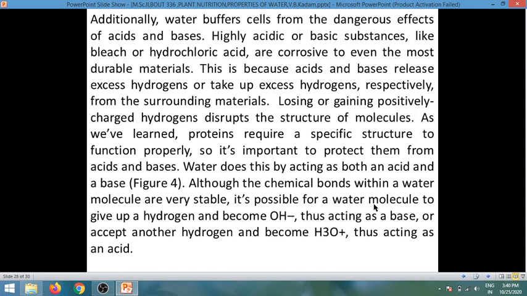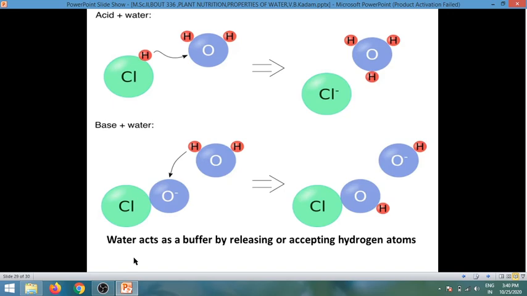It's possible for water molecules to give up a hydrogen and become OH-, thus acting as a base, or accept another hydrogen and become H3O+, thus acting as an acid. See, chlorine has one hydrogen bond, water has two hydrogen bonds.